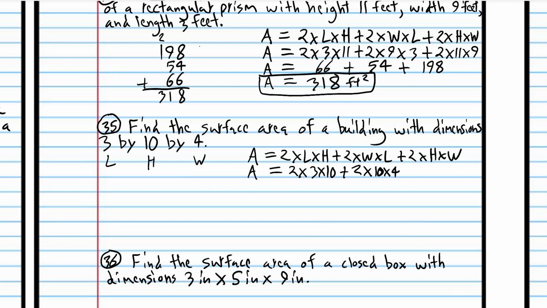This would be 3 times 4. Now we have height and width. So it doesn't really matter which ones are length, height, and width. You just have to have different combinations of numbers here. I have the 3 and the 10, the 3 and the 4, and the 10 and the 4. Make sure the numbers are different combinations. I know this is kind of confusing.